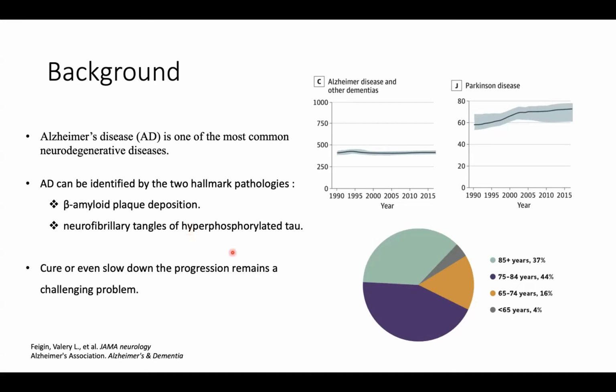AD mainly impacts the senior group of people. You can see that among all the AD patients, people in their older age are largely impacted. The cure or even the slowdown of the progression of AD still remains a very challenging problem.